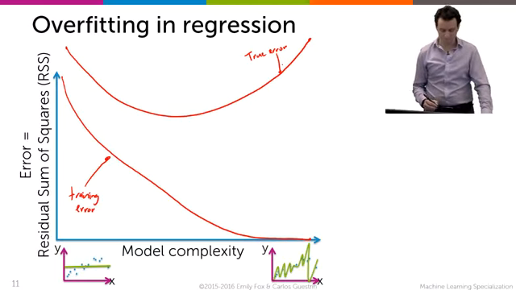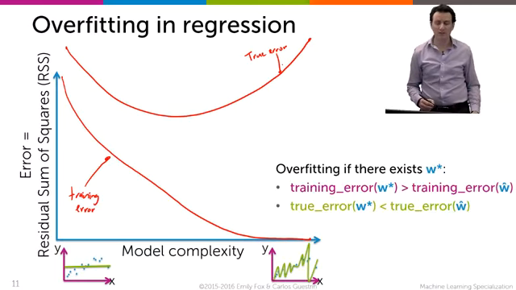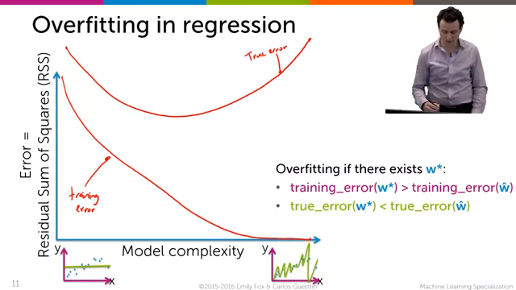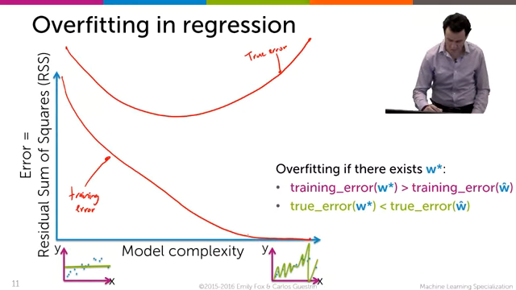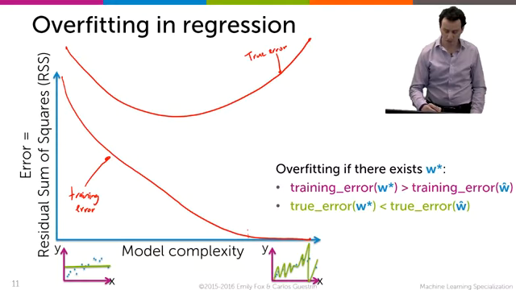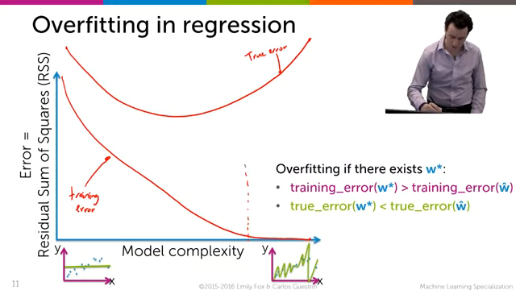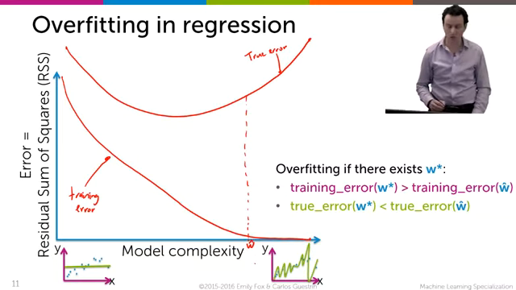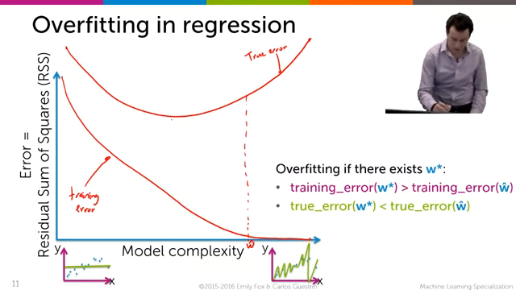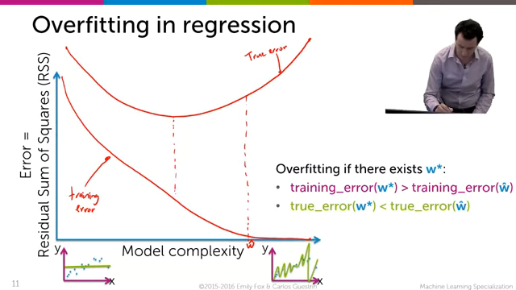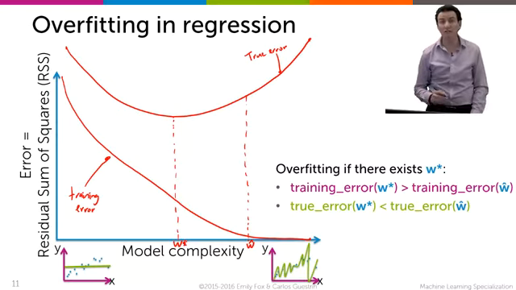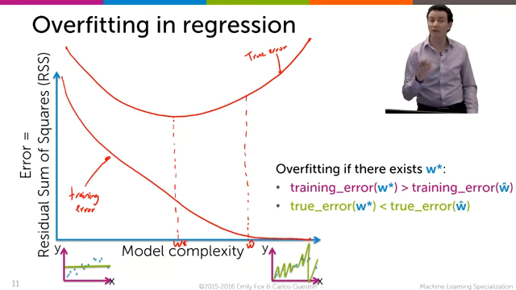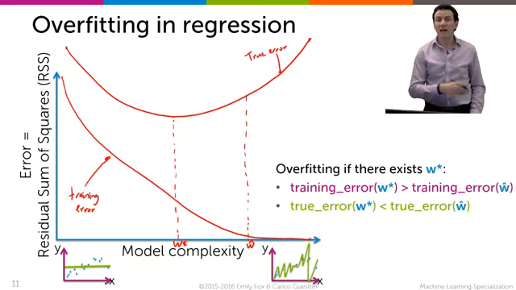So overfitting is going to happen when we pick something that's too good on the training data, so it's somewhere over here, but it doesn't do well with respect to true error. So in other words, you get some w hat over here that has very low training error but high true error, while there exists some other set of parameters, we can call them w star, which might not have done as well on the training data, but did much better in terms of true error.